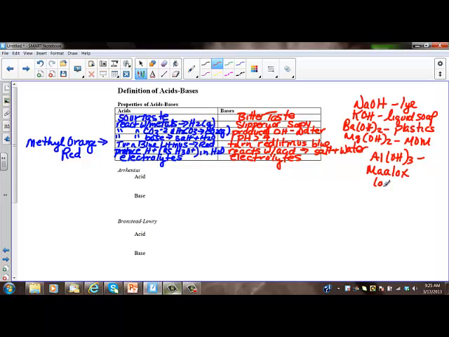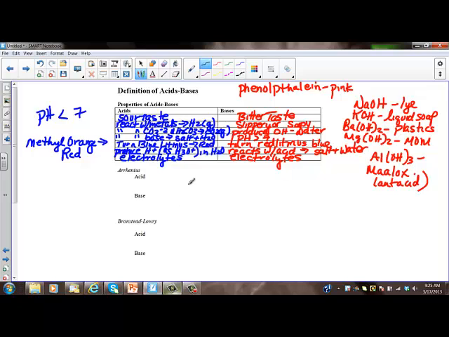It's considered an antacid. Another thing, I think you already know this, but I do want to add it in. Bases turn phenolphthalein pink. And I just want to go back to the other side for a second, and the pH is less than 7 over here.